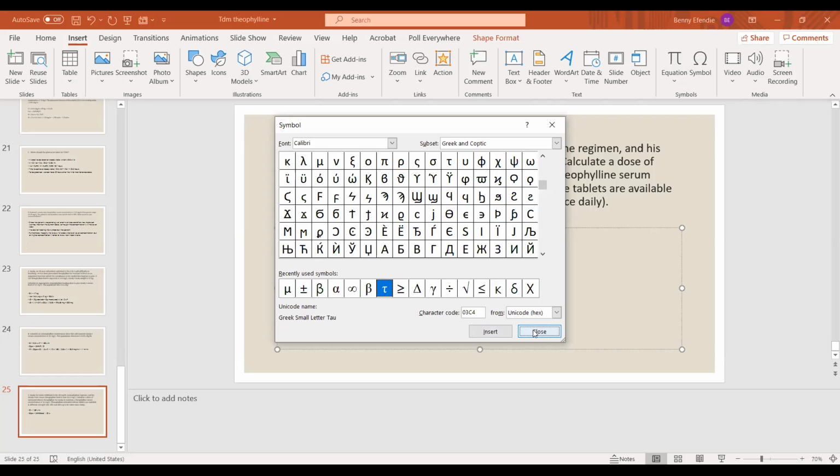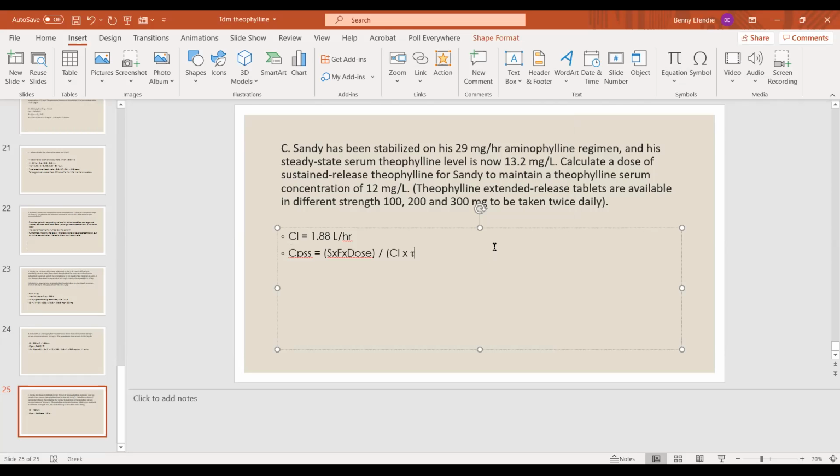Tau, okay. So we have now dose. Oh, we find the new dose first. Because now this dose 29, you get 13.2.